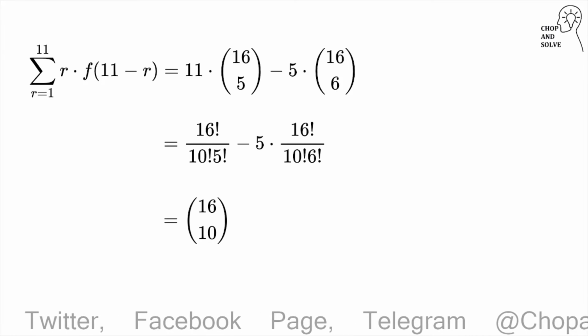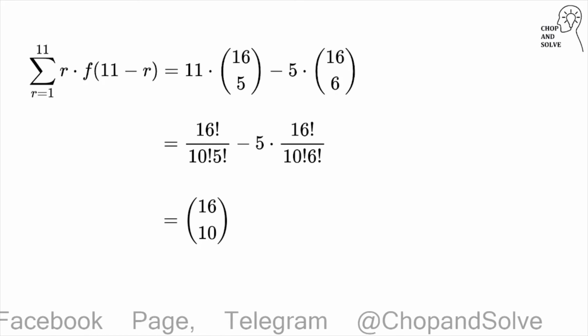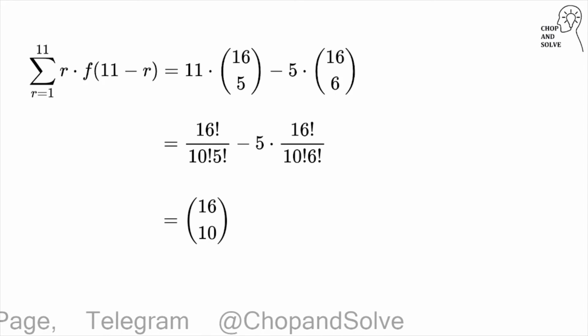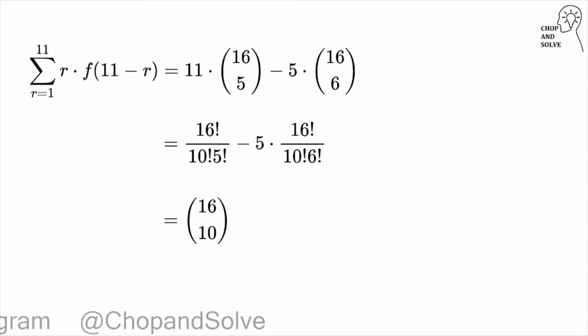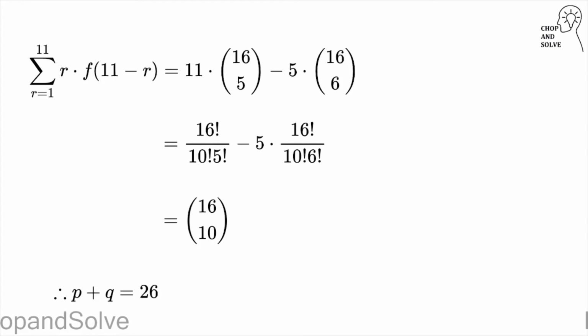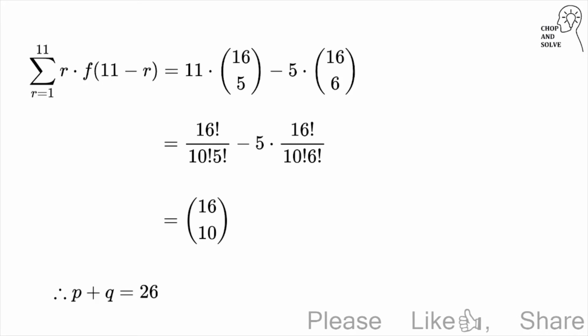And why not 6? Because by the condition Q must be greater than 6, so that's why. So P plus Q must be 26. That is the unique solution.